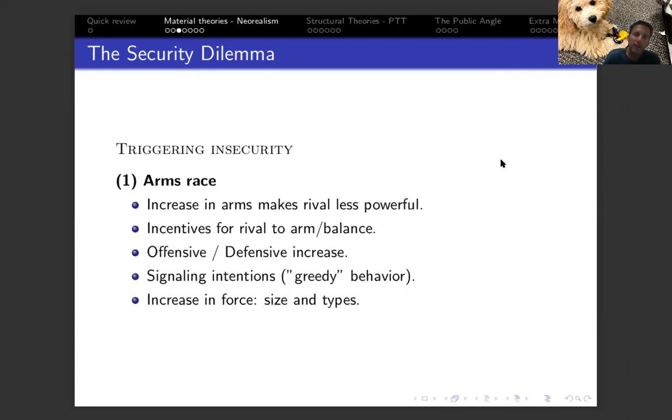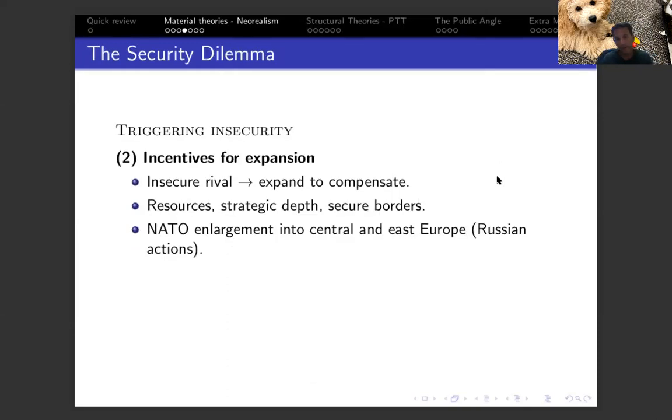The second type of action that might lead to greater insecurity is a decision by me to build up my military forces. It's going to make my adversary less secure, and in response, he will decide to explore the idea of territorial expansion, intended mostly to compensate for the loss in security.